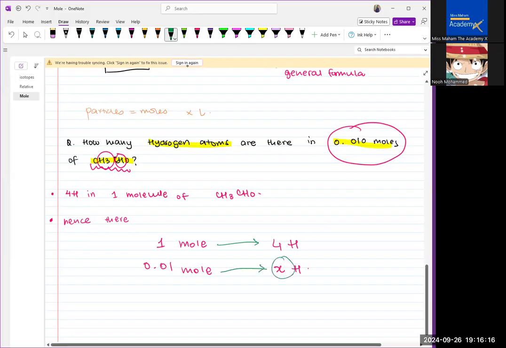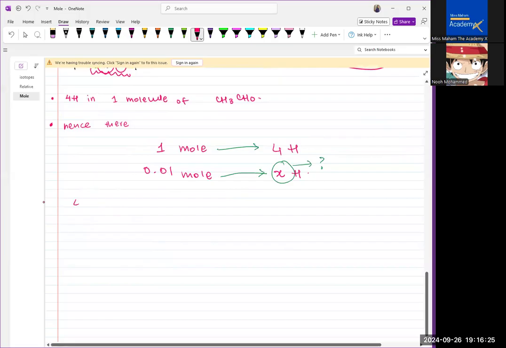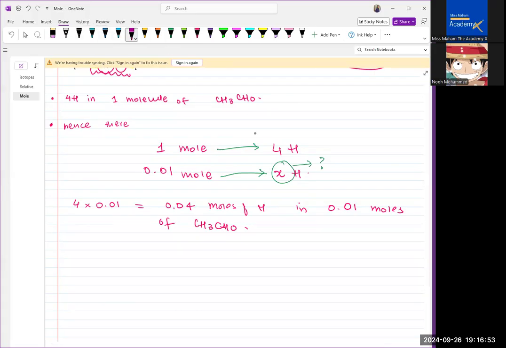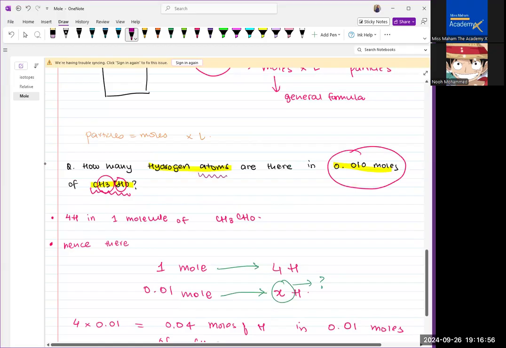In 0.01 mole you will have X hydrogens. So you cross multiply and multiply 4 with 0.01 and you get 0.04, right? So you have 0.04 moles of hydrogen in 0.01 moles of CH3CHO.